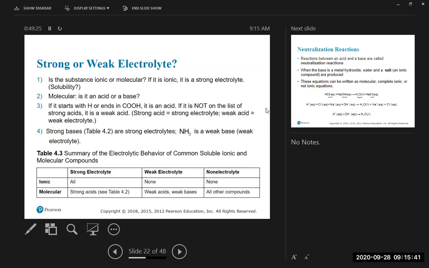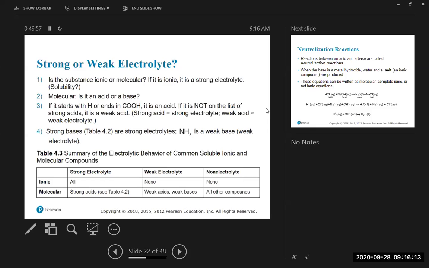Okay, so let's talk about, is it a strong or weak electrolyte? First, we want to ask ourselves, is it an ionic compound or molecular compound? If it's ionic, it's going to be a strong electrolyte, assuming that it's soluble. Okay, and this goes back to that first table that we looked at where there were some exceptions on the solubility rules. But if it's an ionic compound and it's water soluble, it's going to be a strong electrolyte.